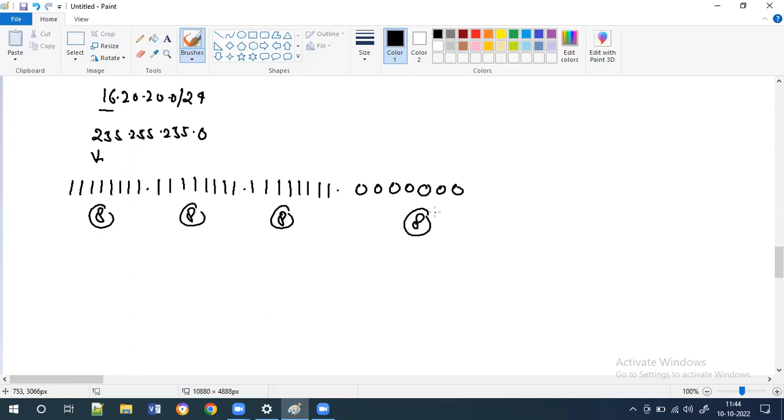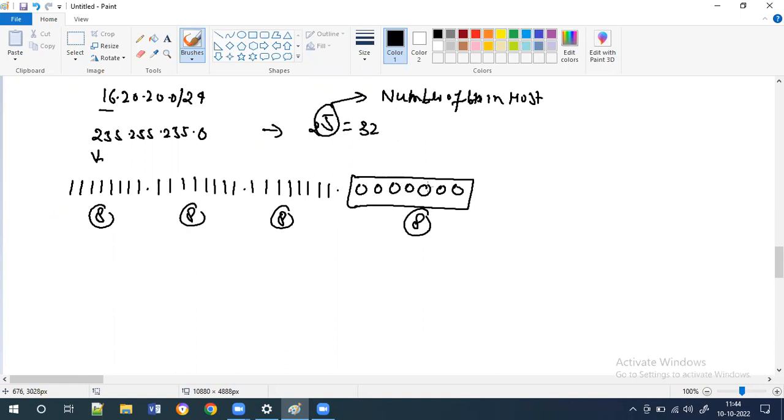When we do the subnetting, we got 2 to the power 5 means 32. This represents the number of bits in the host. This is the host. Total how much do we have? 8. 1 is less, right?